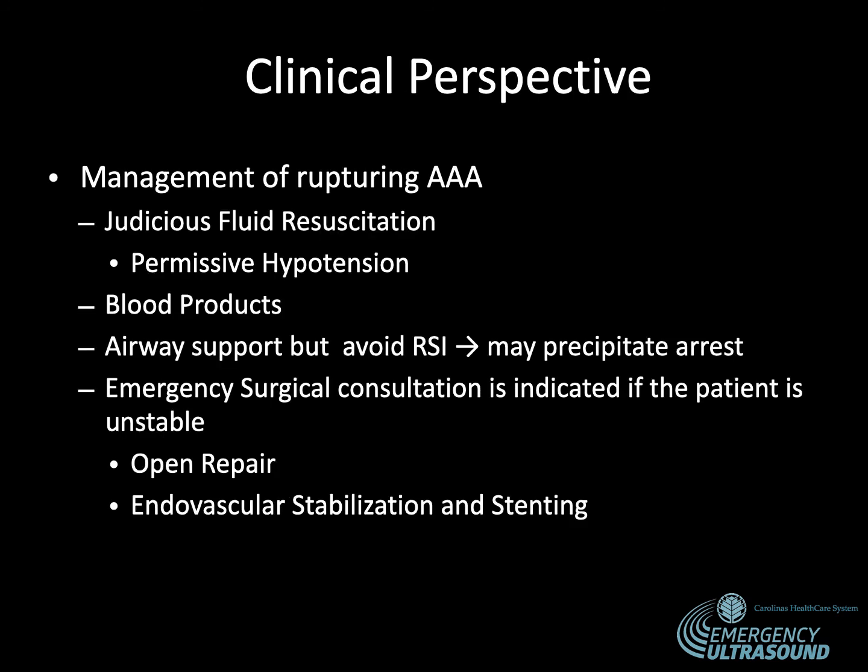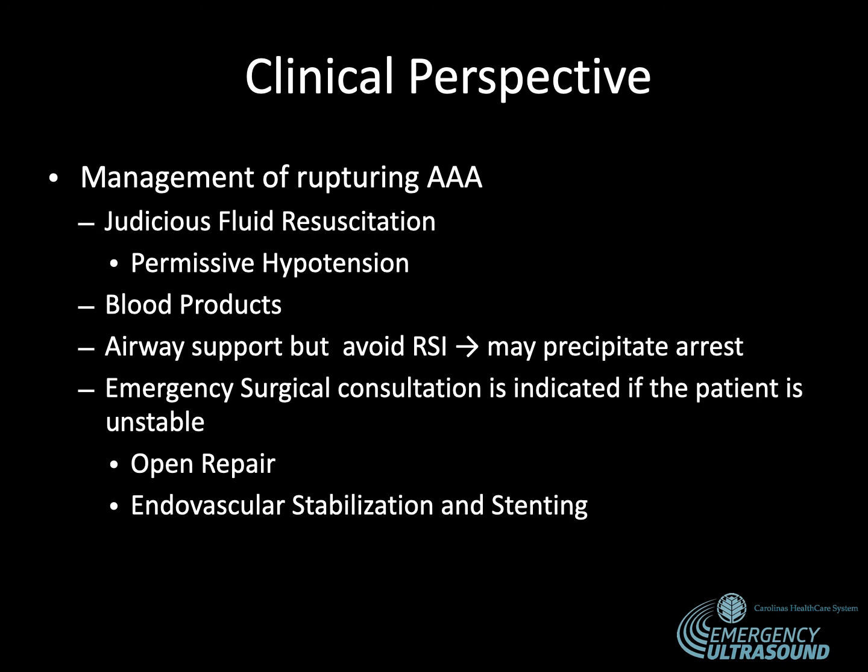As far as managing rupturing AAAs, this is a little bit advanced for undergraduate medical education, but you want judicious fluid resuscitation. You can allow these patients to remain a little bit hypotensive, so permissive hypotension. Blood products. They will need blood products and more blood products. You want to support their airway, but you want to avoid RSI.